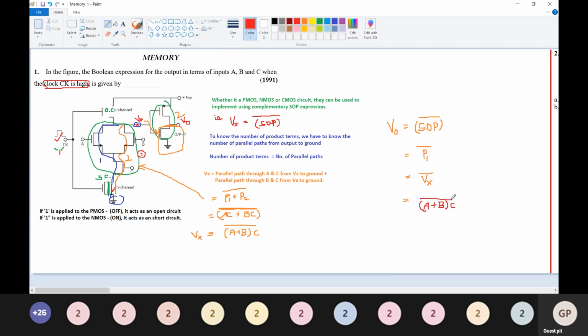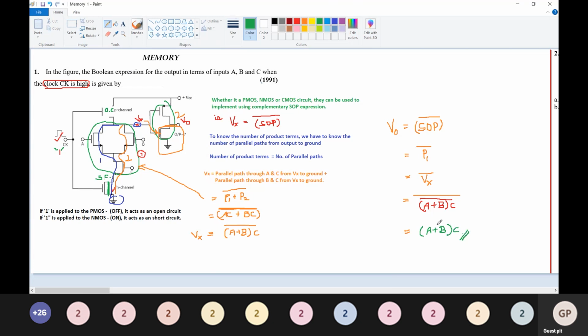So this is the expression for Vx, and this complement we have. Now we have two complements, which cancel each other. So therefore your final expression is A plus B into C.